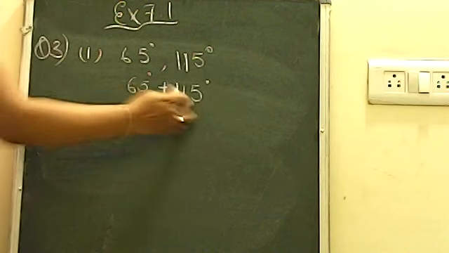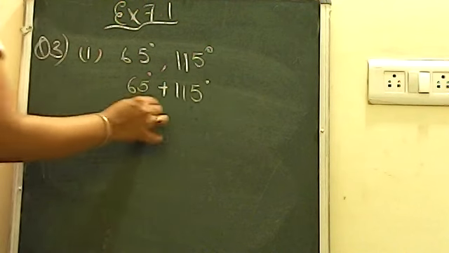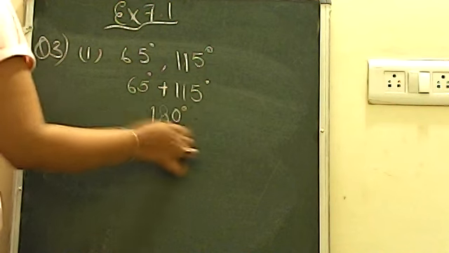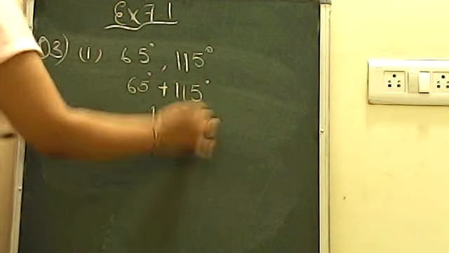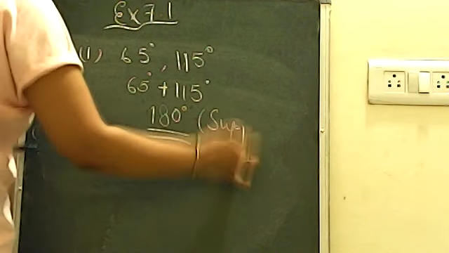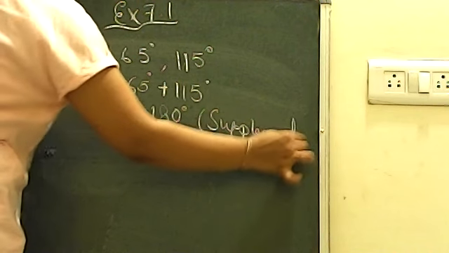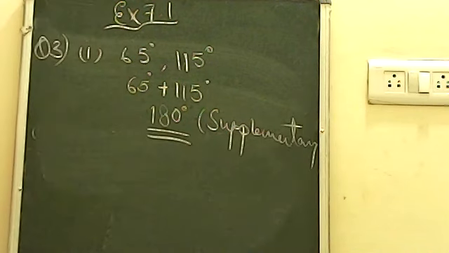It will give 180. Now when you are adding this pair, you are getting 180 degree. That means this pair is supplementary. This is finished. This is a very simple question from question number 3.